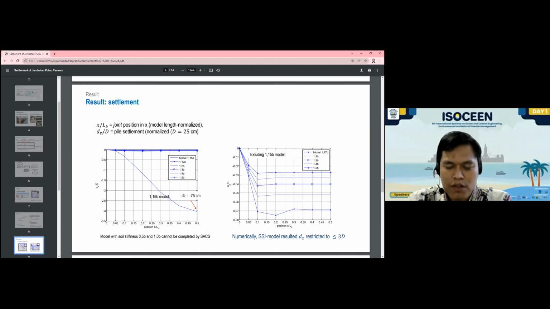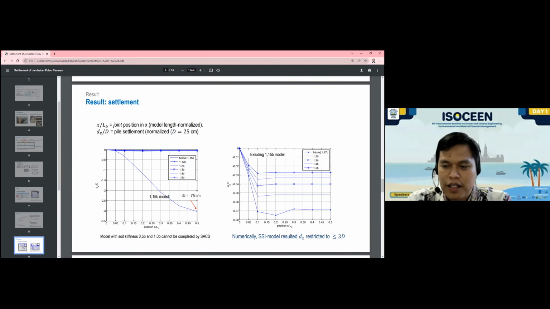So we can conclude that numerically the SSI model resulted in DZ, which is restricted to under 3D model. And for a better view of the results for the other models, I separated them in this right picture.